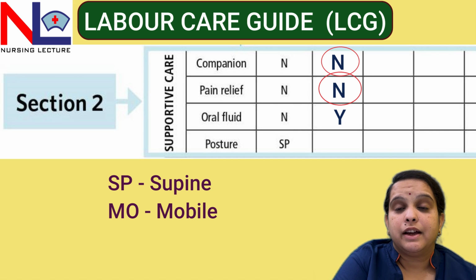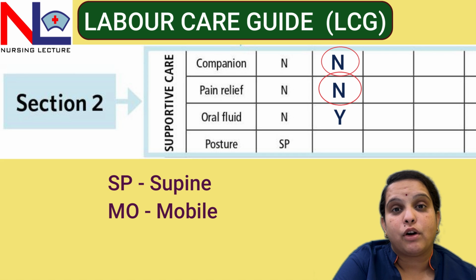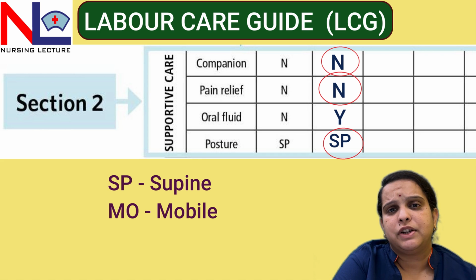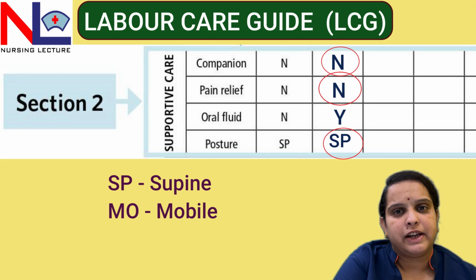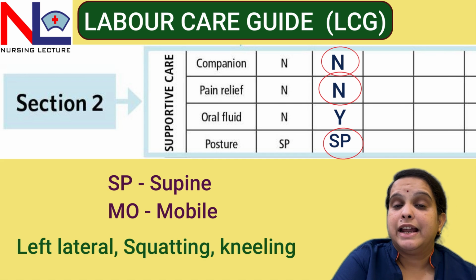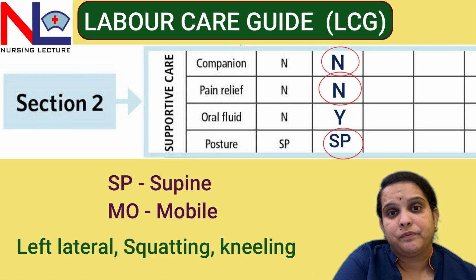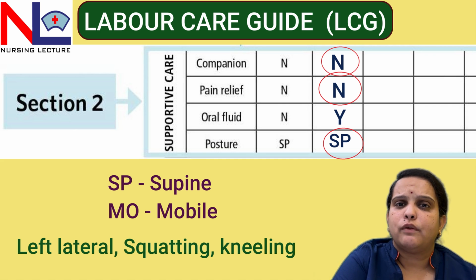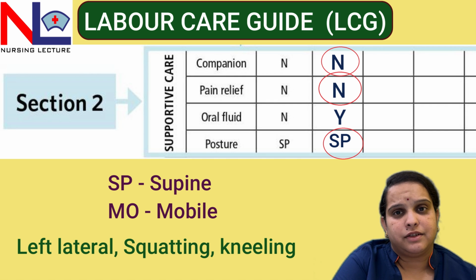So suppose she is entering the active phase and you are recording SP, that is on bed, then we can encourage the mother, if she is not able to be mobile, then she can lie in left lateral position, in squatting and kneeling position, so she can change the position, and ask her to be mobile as much as she can. The more she is mobile, the more the fetus will descend. So this is how we can encourage and change the posture of the mother.